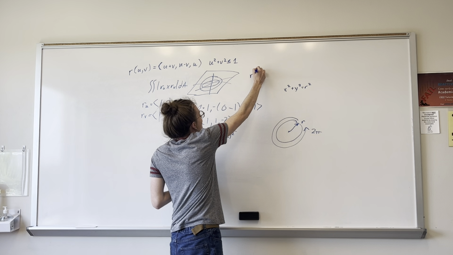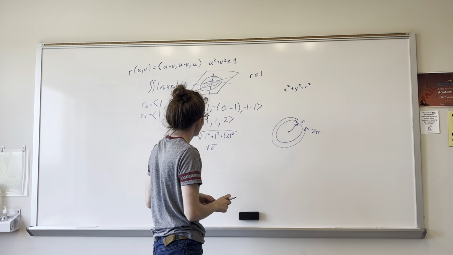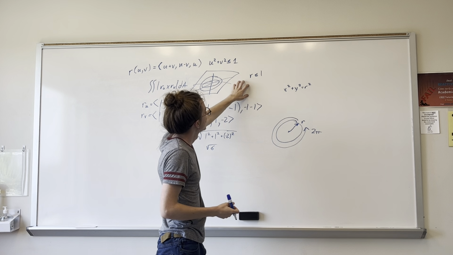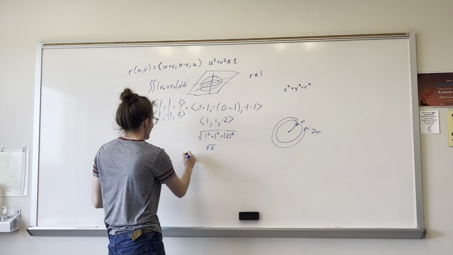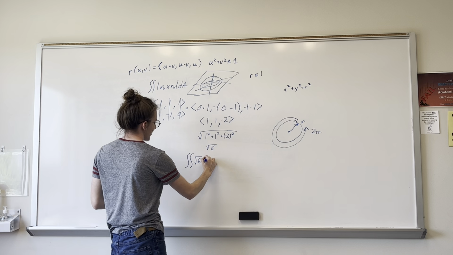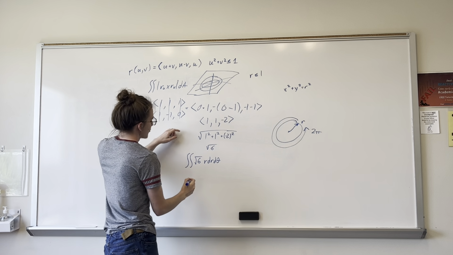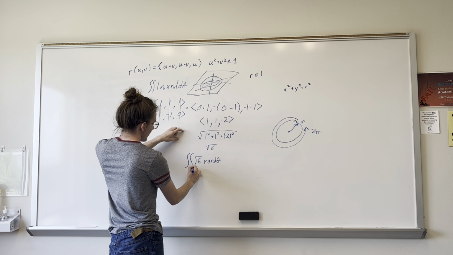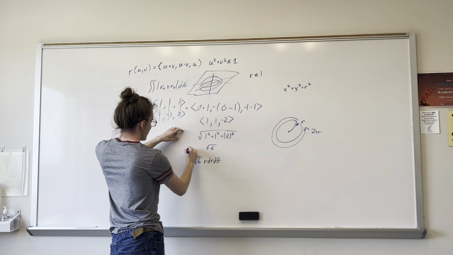So r squared is less than or equal to 1, so we will be integrating r from 0 to 1. So square root of 6 r dr d theta, from 0 to 1, 0 to 2 pi.